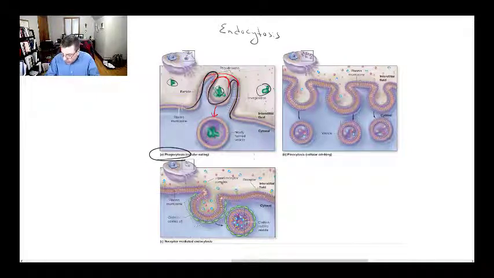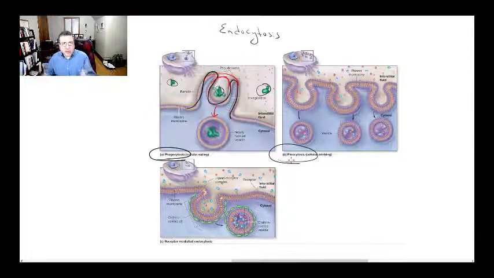Pinocytosis is going to be this other one over here, P-I-N-O, not P-H-A-G-O, but P-I-N-O. The way I remember this, I can't get it out of my head if I try to: pino sounds like wino. Wino is a liquid. Wine, you're drinking liquid. So pinocytosis is called cellular drinking. Phagocytosis, cellular eating.